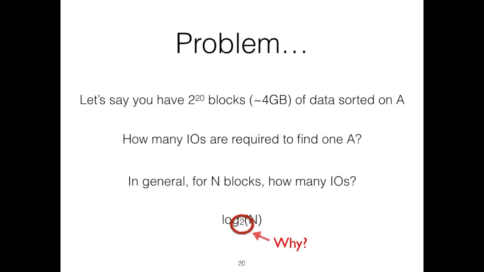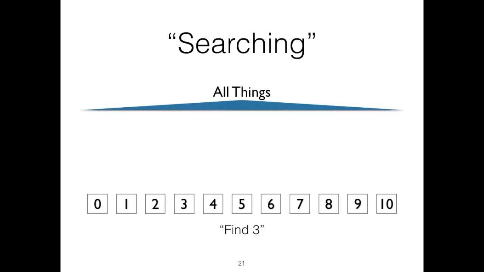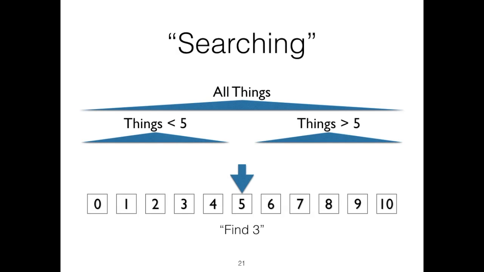Yes. So every single time I look for a record, I start off with my whole set of records, and as far as I know, at the very start, the record I'm looking for could be anywhere. And every single time I load one block, I'm effectively splitting my space in half.